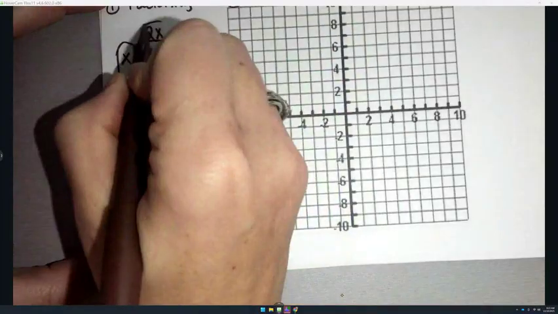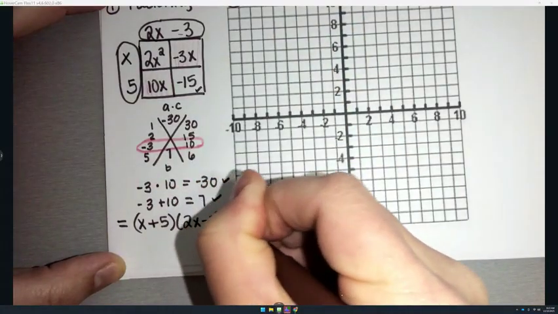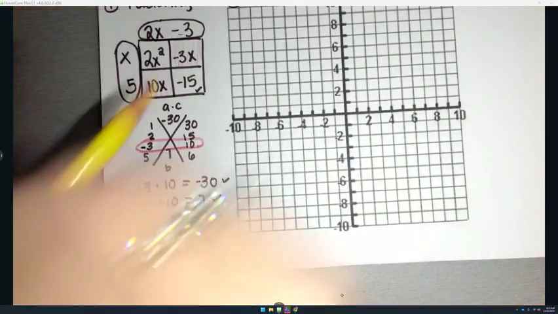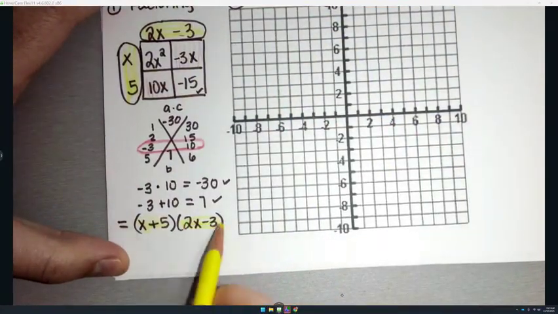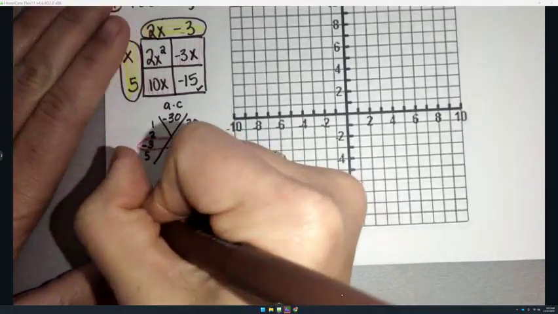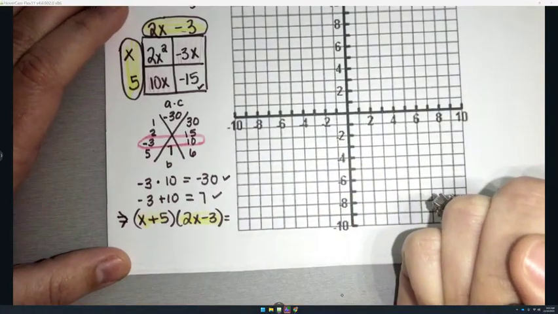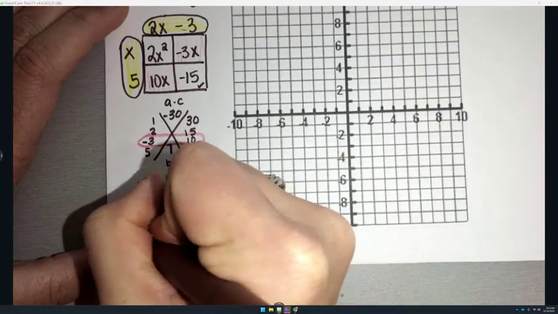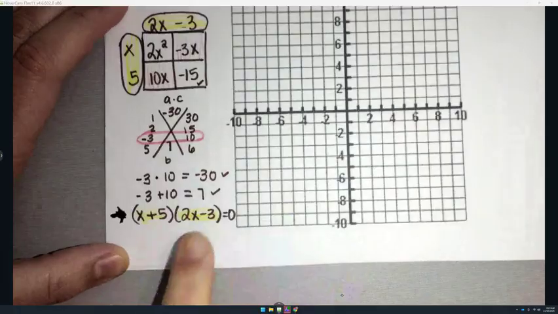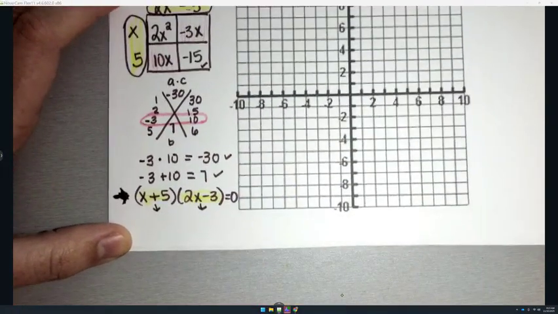And then that 2x minus 3. What is it equal to? What did it start out equal to? 0.